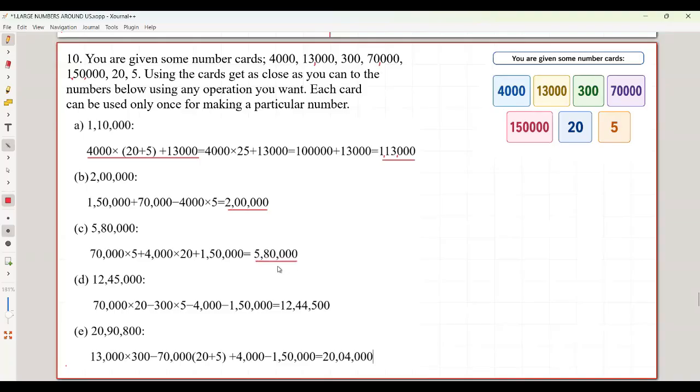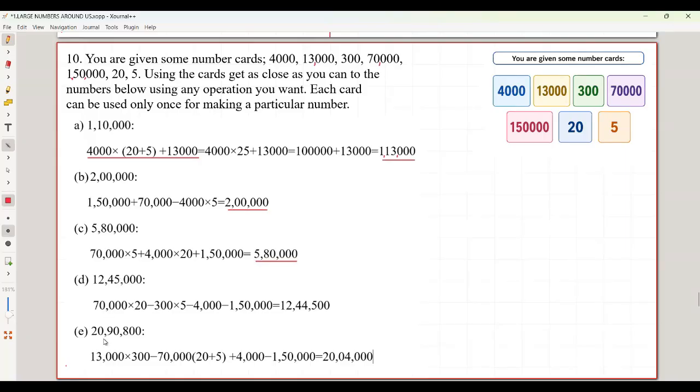For D, 12 lakhs 45,000 can be written as 70,000 into 20 minus 300 into 5 minus 4,000 minus 1 lakh 50,000. So I'm getting 12 lakh 44,500, which is very close to 12 lakhs 45,000.